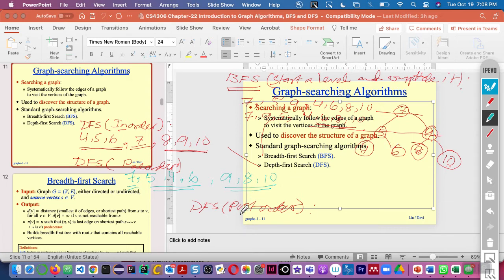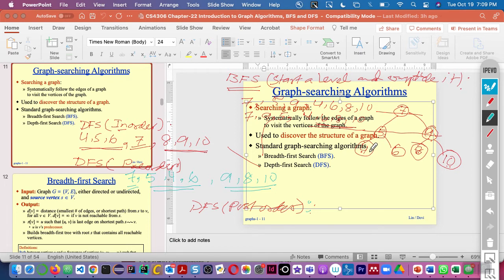Okay, then the post order. Post order means your root will be later, right? Children will be first.